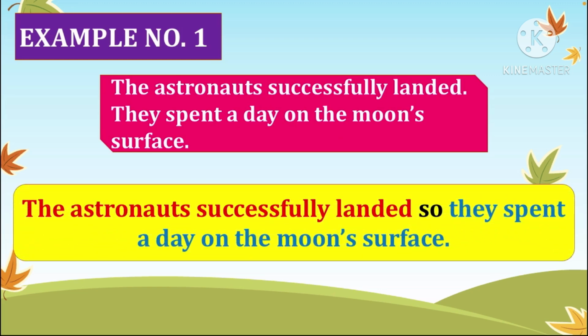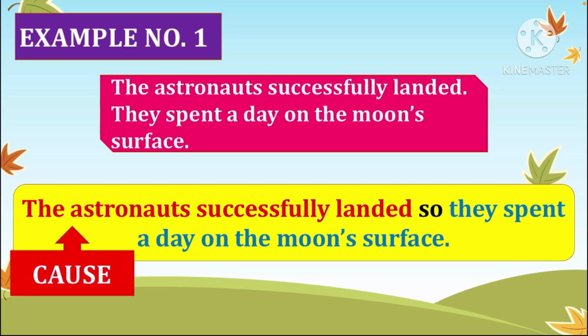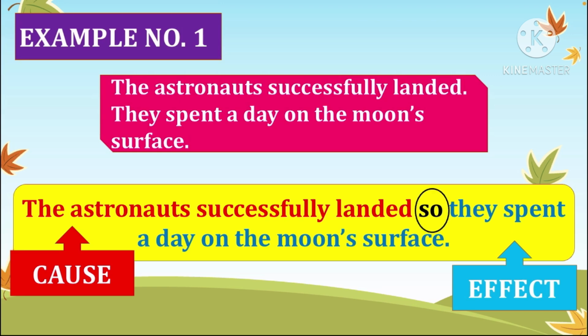The astronauts successfully landed, so they spent a day on the moon's surface. The cause is the astronauts successfully landed, and the effect is they spent a day on the moon's surface, connected by the coordinating conjunction so.